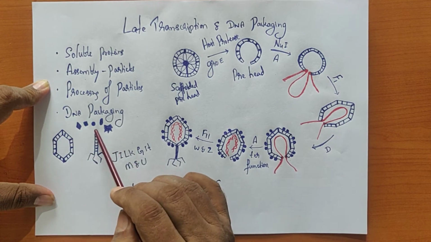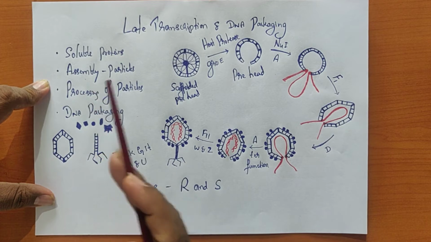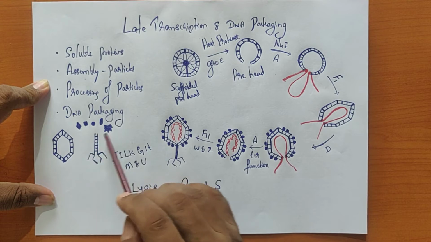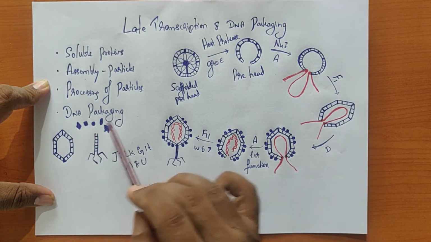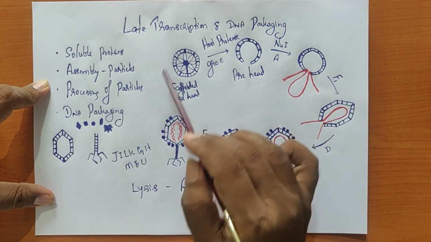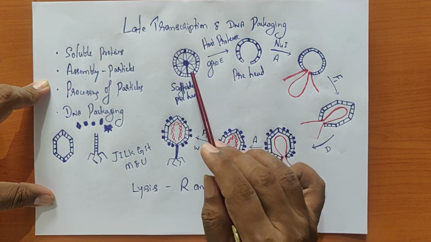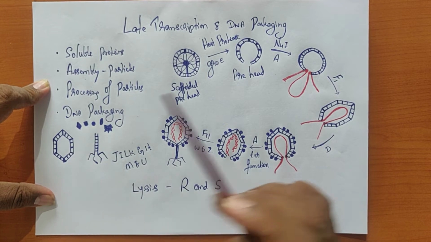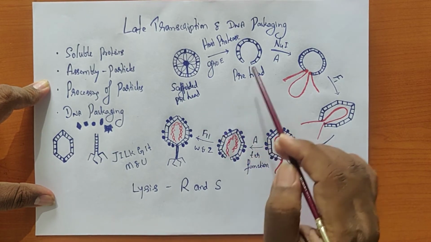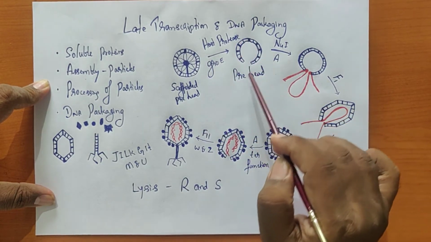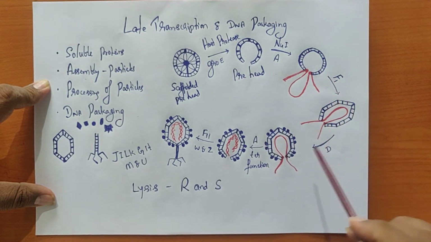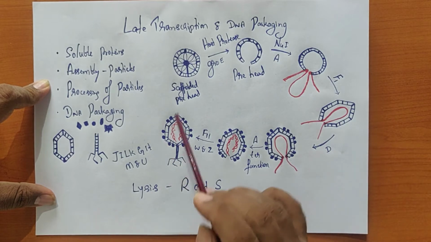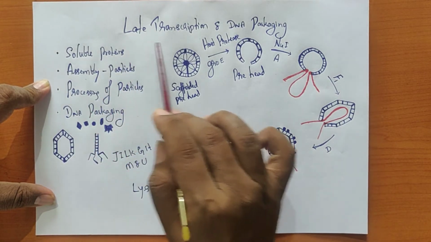Then they stopped at a slightly later period and tried to characterize what happened to the soluble proteins. These soluble proteins were assembled, and they identified a particular precursor, which they call a scaffolded prehead. Then, when they incubated for a longer period, they identified one more stage, called the prehead. Like that, they identified the various stages involved in the late transcription.